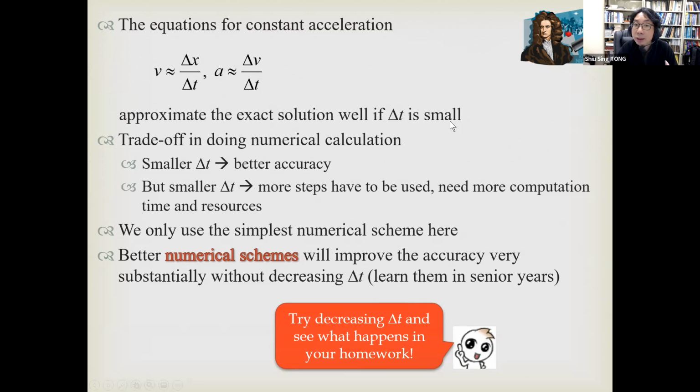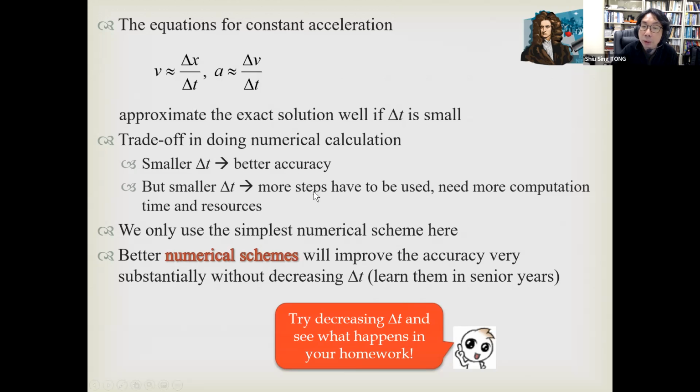But if you use a much smaller delta t, for example 0.0001, which is 10 to the power minus 4, then you have to do the calculation 10,000 times just to finish a period of 1 second. So the trade-off is there.